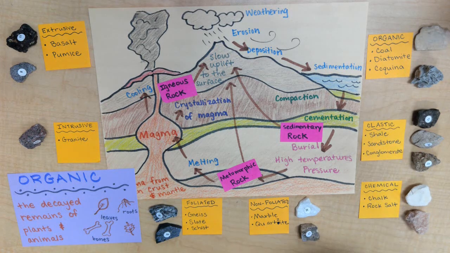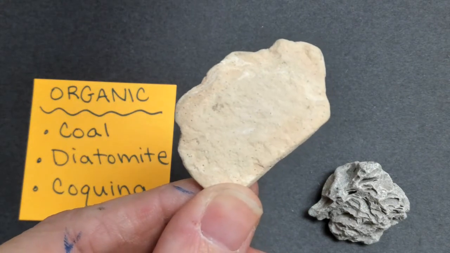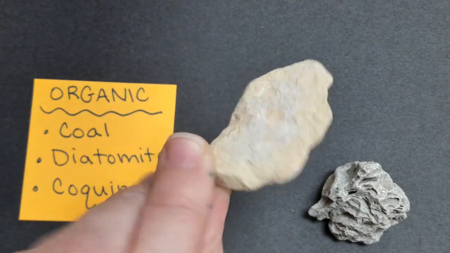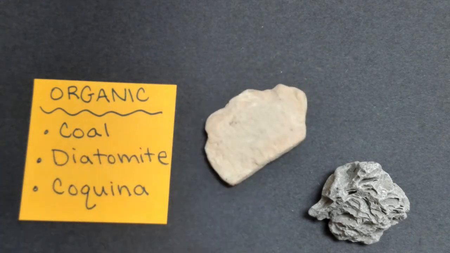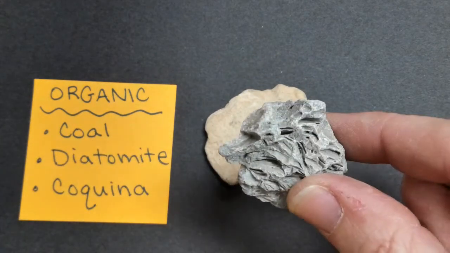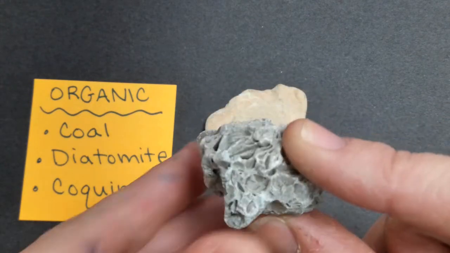Think of leaves, plant roots, bones, shells, algae. Look at this diatomite. That's made from algae. It's microscopic. And this coquina right here is made up of different types of shells.